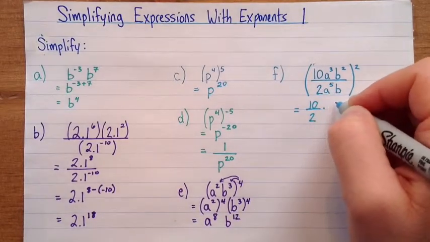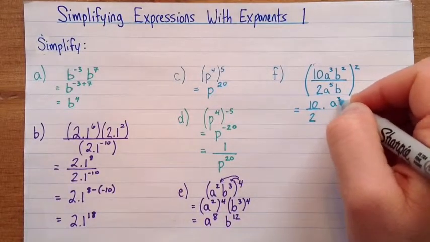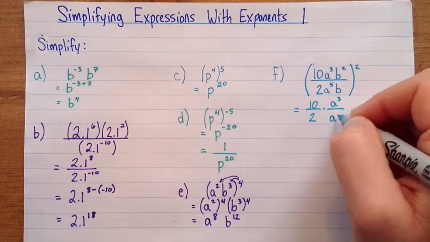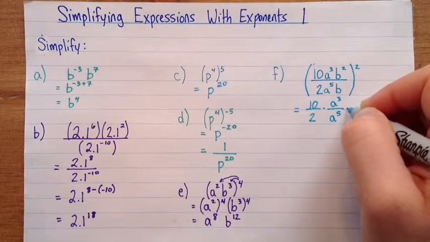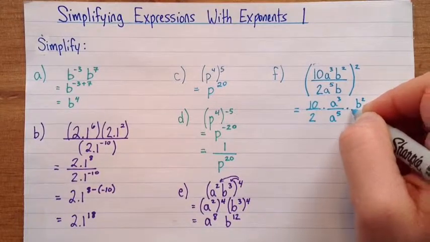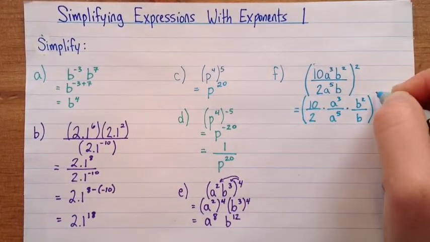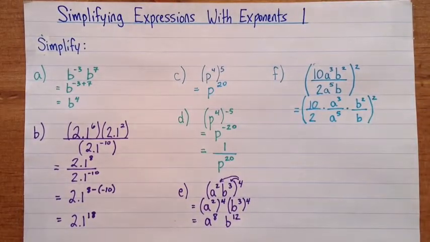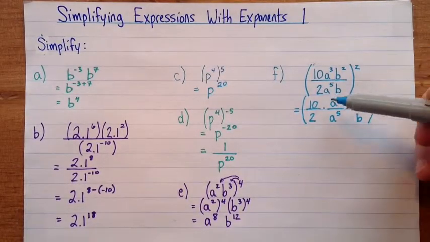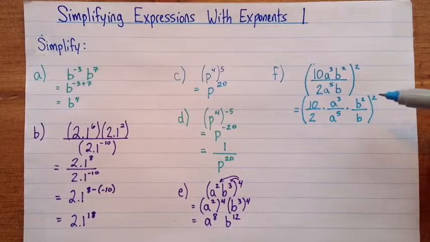So 10 over 2 times a cubed over a to the exponent 5 times b squared over b. And all of that is still squared from before. I didn't do anything, I just wrote it differently.